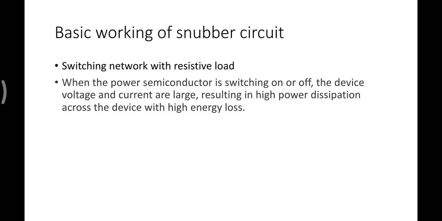When a power semiconductor is switched on or off, the device voltage and current are large, resulting in high power dissipation across the device, which means high energy losses. That means if any switching operation is done in a circuit, then there is some voltage drop, and at the same time some large current is also present. Because of this voltage and current, there is high power dissipation across the switch.